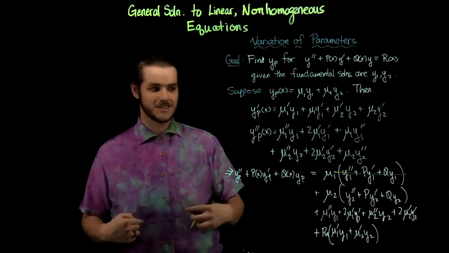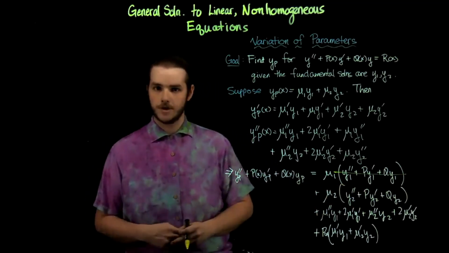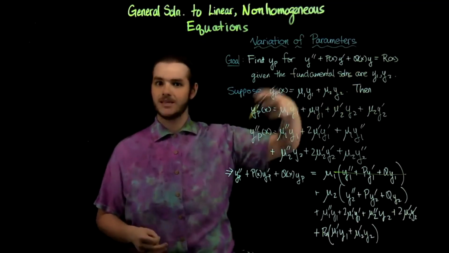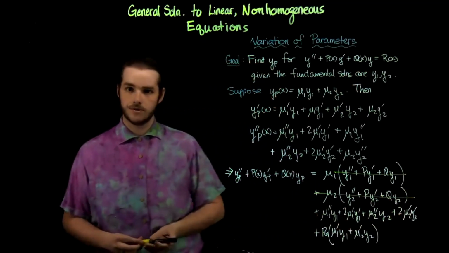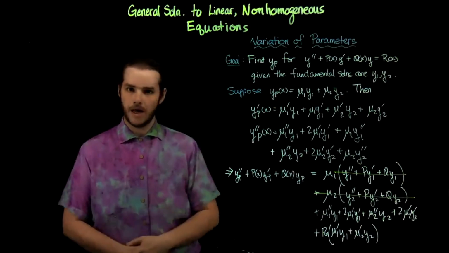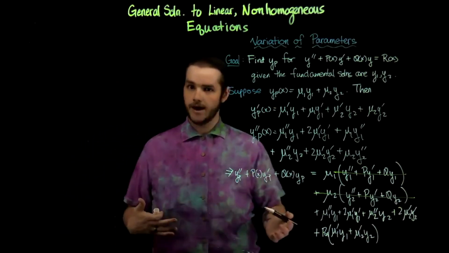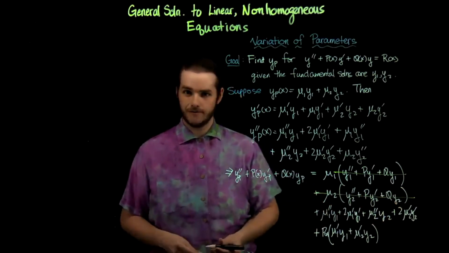And wouldn't you know it, it's the same thing with the next term too, except just with y2's. y2 is also a fundamental solution, which means for our non-homogeneous problem, it makes the left-hand side 0. That term is all 0. And these two pieces at the bottom are the only ones that remain. So what I now have is all of this stuff should equal r of x.